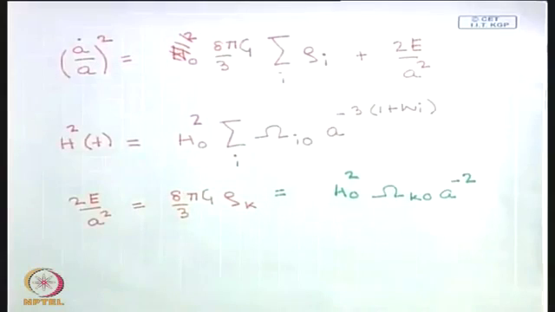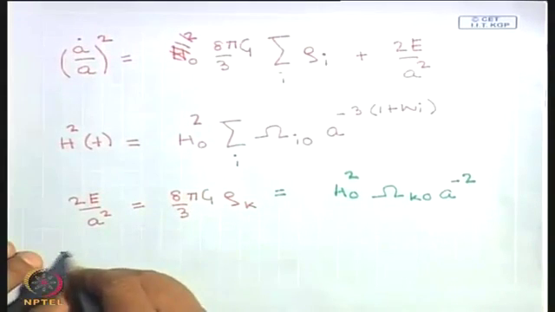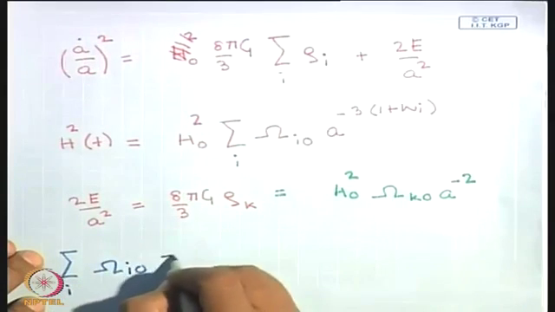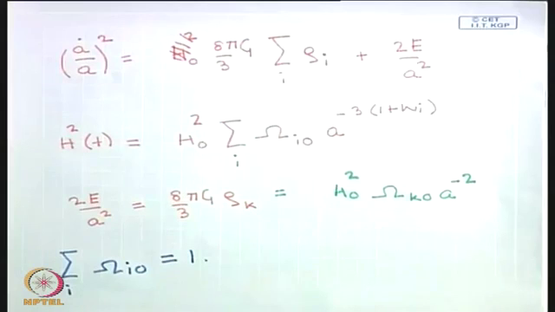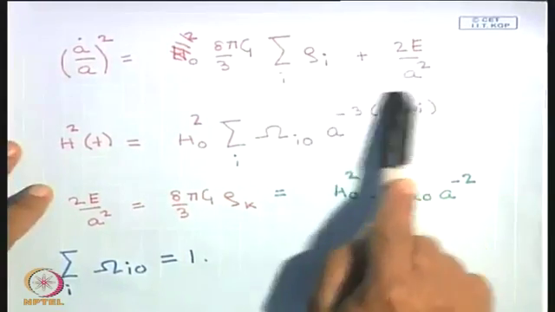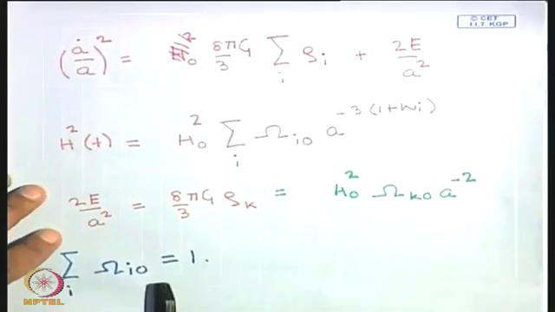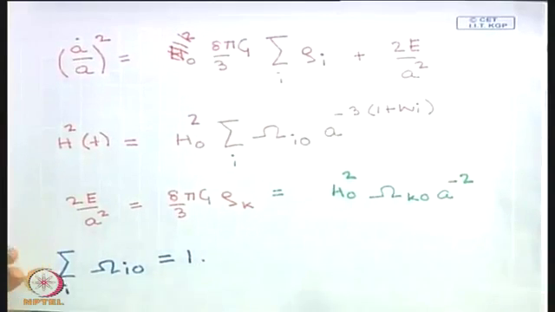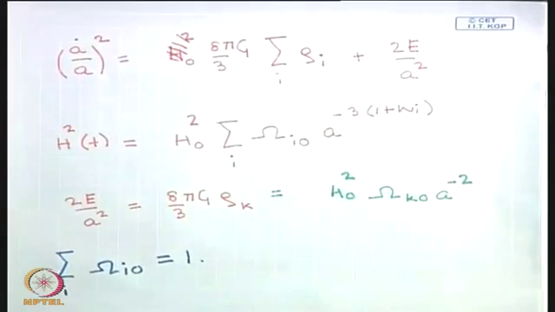So the sum of all the different omega i naught should be equal to 1. This is true because we have also accounted for the constant of integration by introducing a fictitious omega curvature corresponding to this.